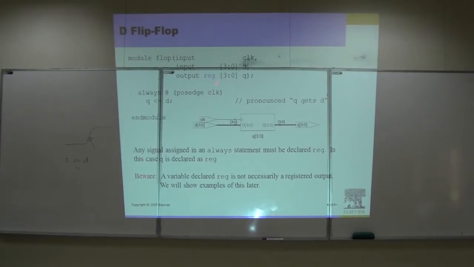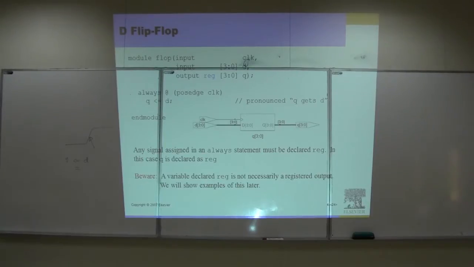Here, clock and D do not have reg, because they are not on the left side of this assignment. Left side means it will get the value. They are inputs, so normally we do not change the input.